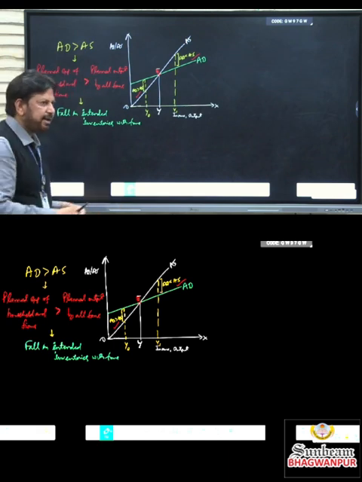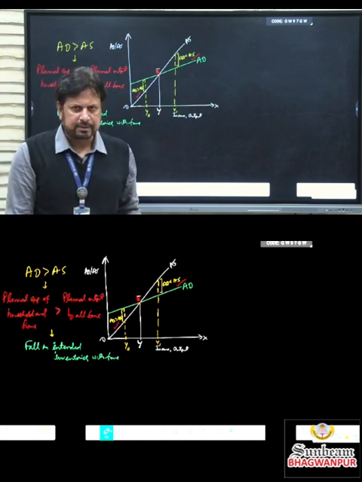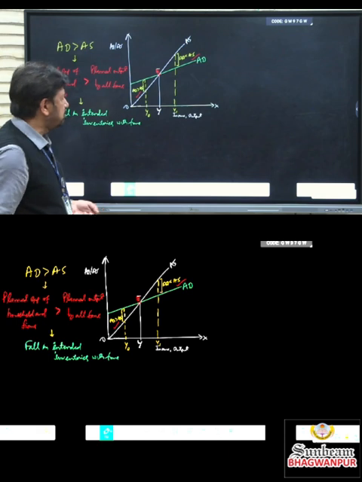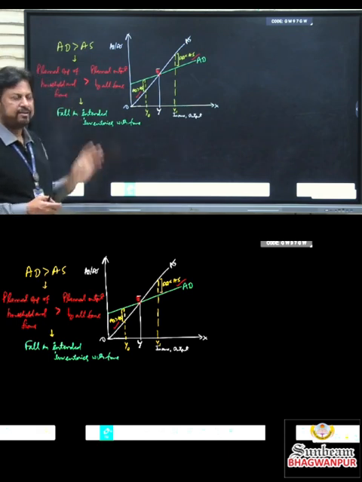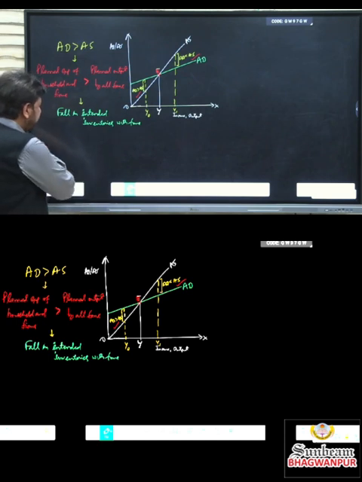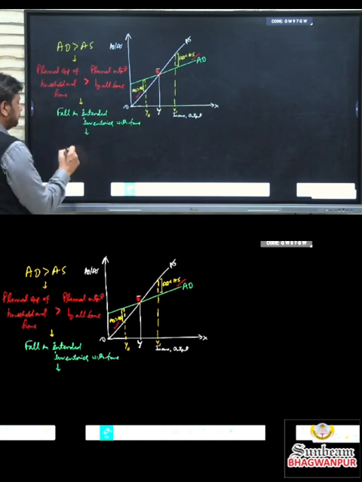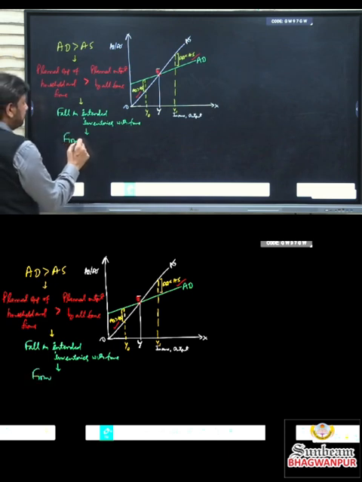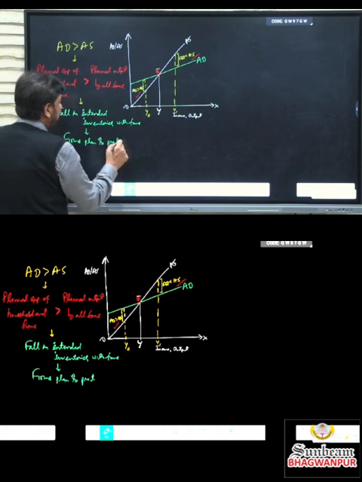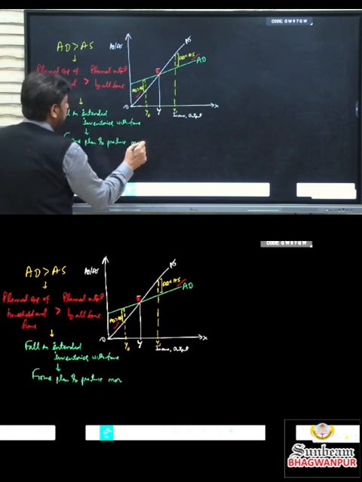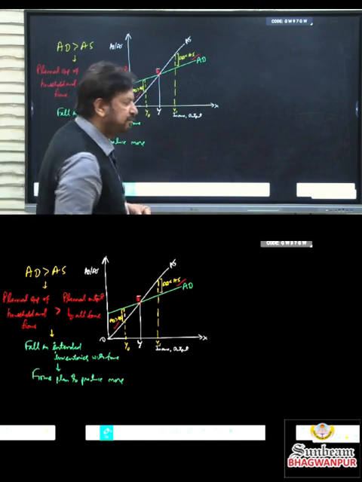To meet supply, firms have to supply from their stocks. So it is going to reduce their intended or desired inventories. And when this situation happens, firms plan to produce more. And why are they planning to produce more? To maintain their desired, their intended inventories.